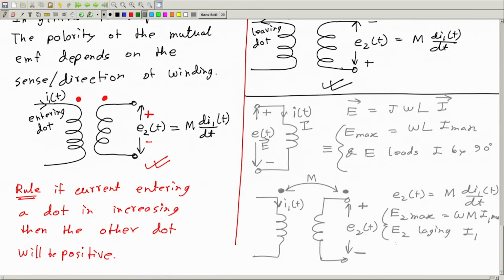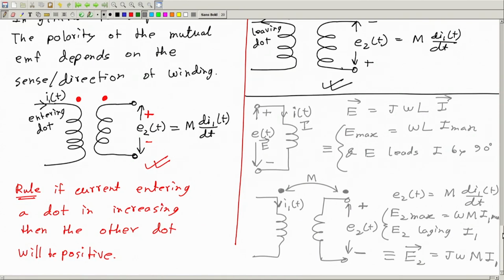So these two facts are equivalent to writing the phasor relationship that E2 is the same as j omega M I1. Okay, that's it.